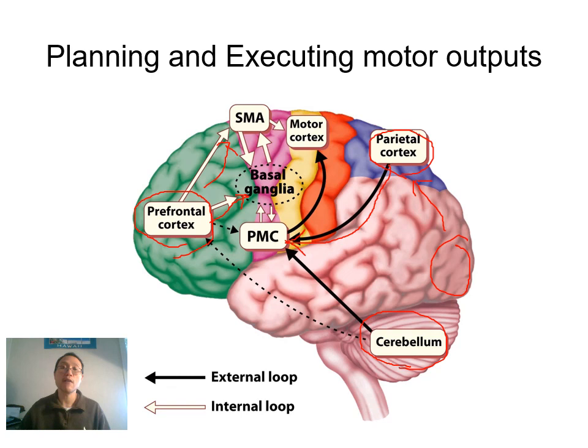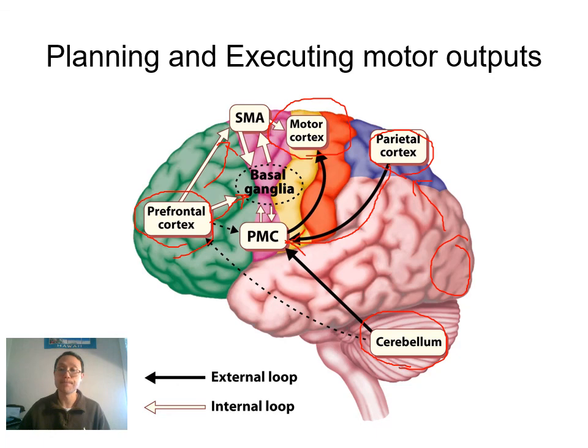All of these areas, from either the external loop or the internal loop, converge and merge their activity into the motor cortex. The motor cortex then forms a specific population coding and executes the activity that we see in the outer world.